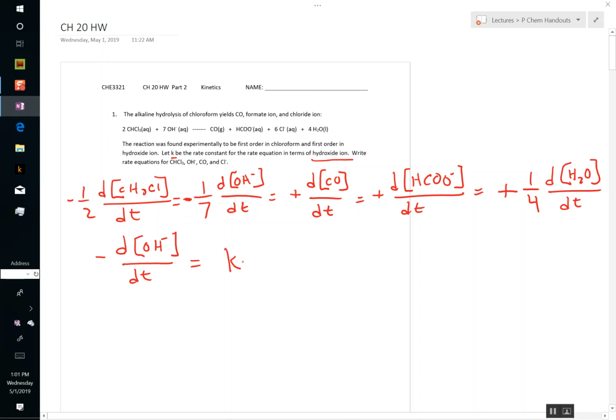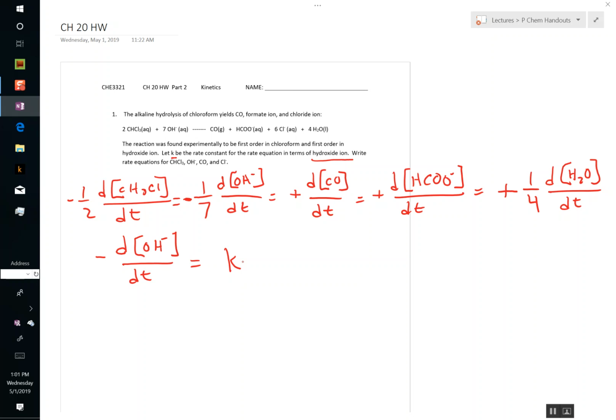What else are we given? The reaction was found experimentally to be first order in chloroform and first order in hydroxide ion. So what is the rest of this rate equation?